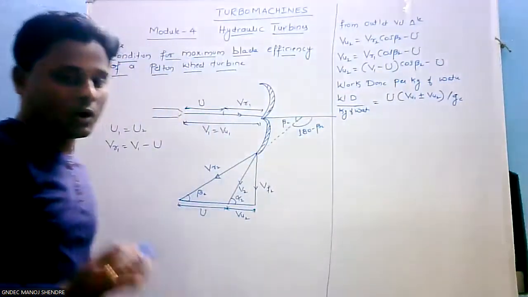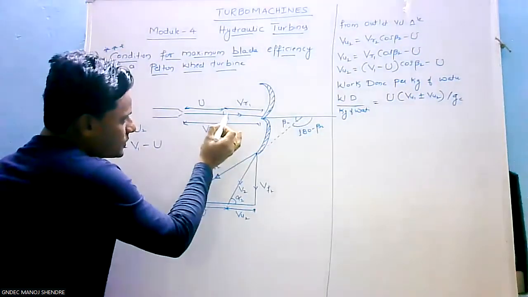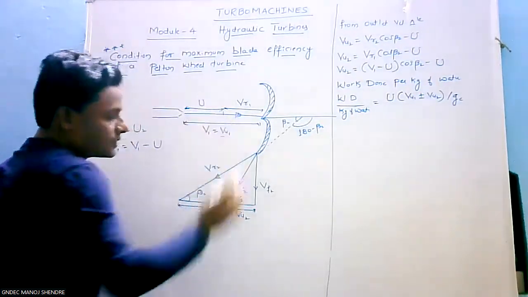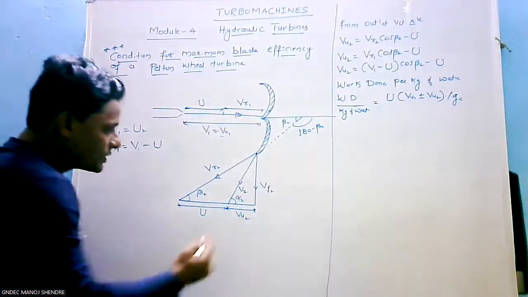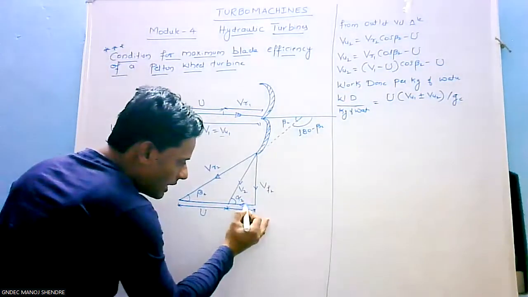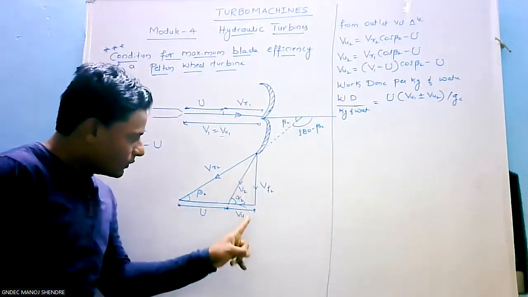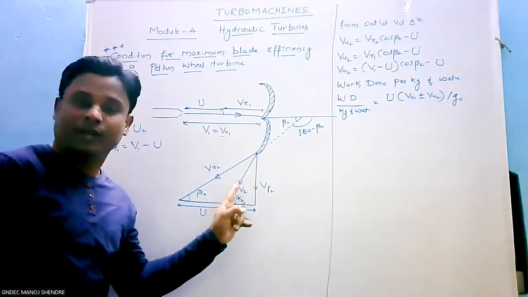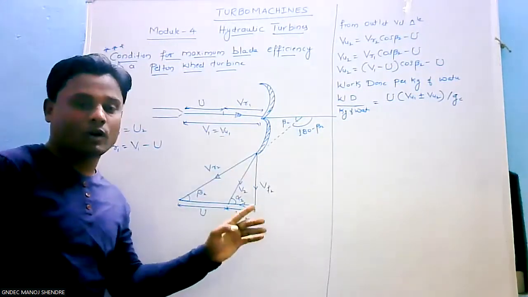A little consideration shows that the direction of VU1 is towards right, and the direction of VU2 is towards left, because VU2 is the horizontal component of V2. I repeat, VU2 is the horizontal component of V2.